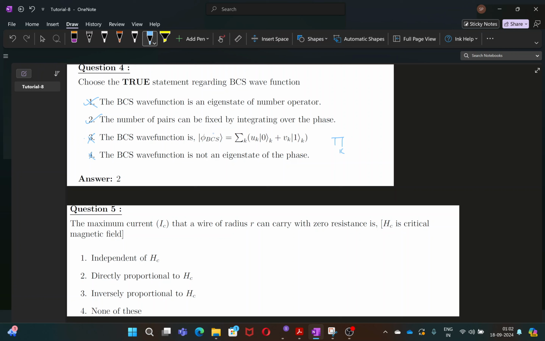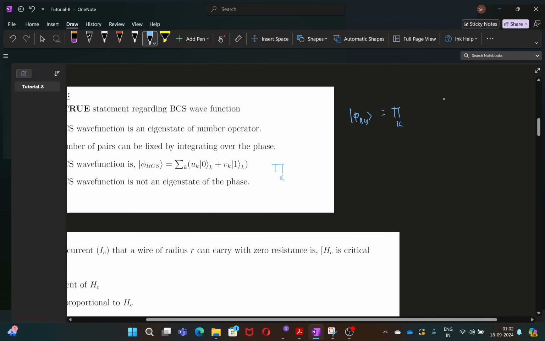Now why is this so? Because first of all, BCS theory has a trial wave function that works very well: phi BCS equals the product over k, which means we are taking the representation in momentum space. Sorry, I think there is a confusion between u and v notation, so let me get that right first.